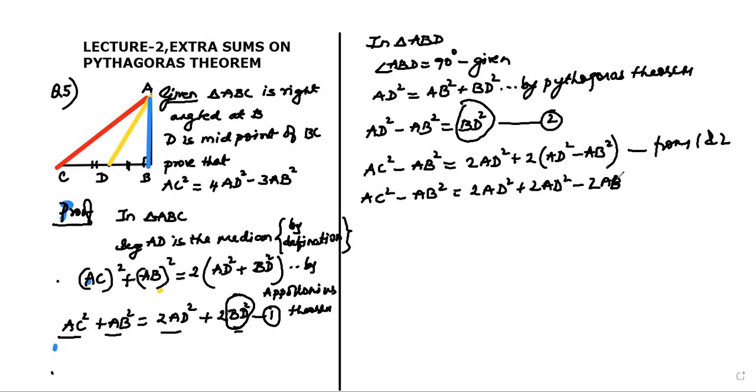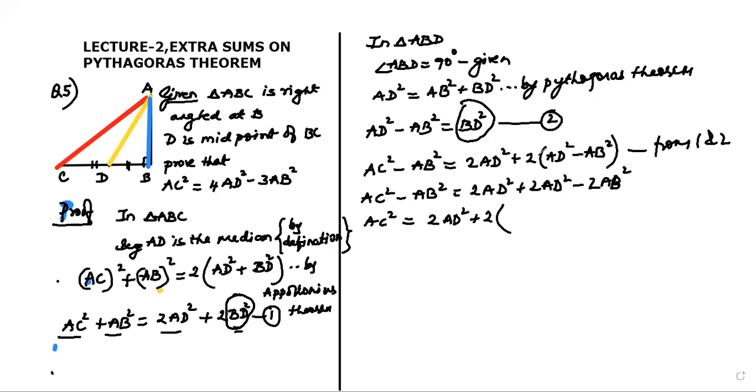Now you can see, children, your like terms, this AB square and this AB square. What will happen? So you can see, children, AC square is equal to twice AD square plus 2 into inside the bracket.